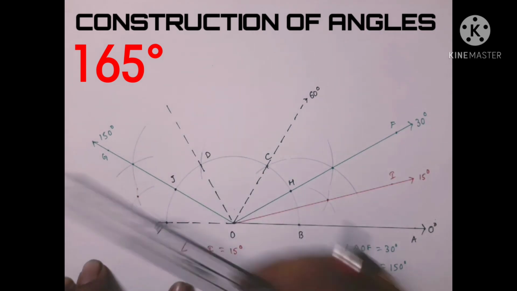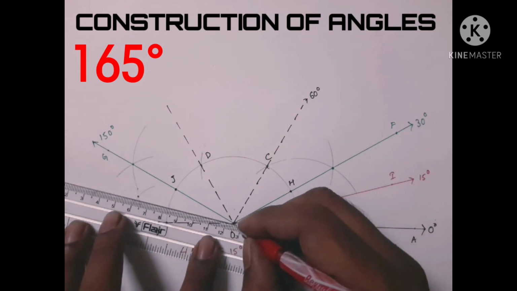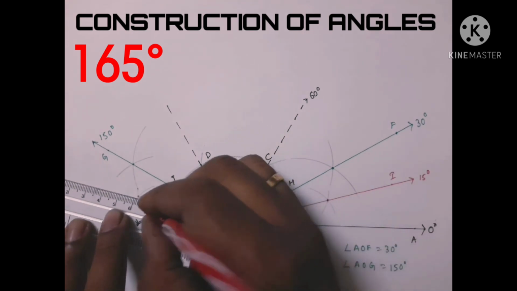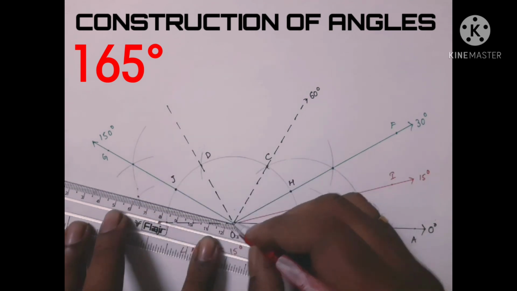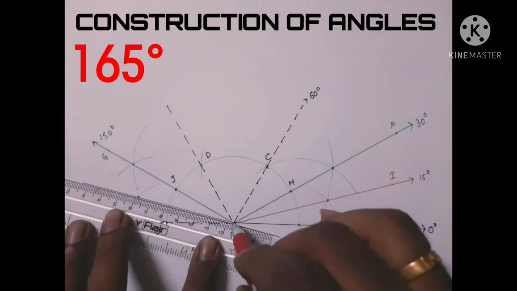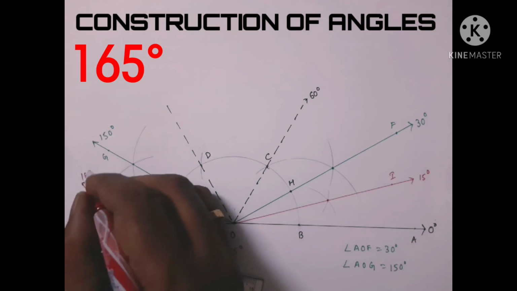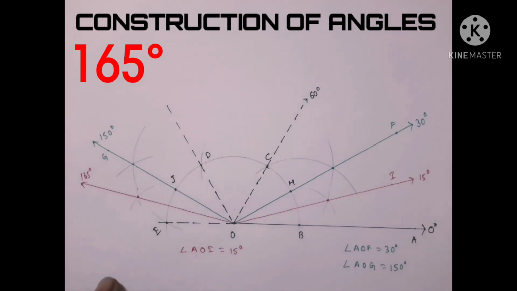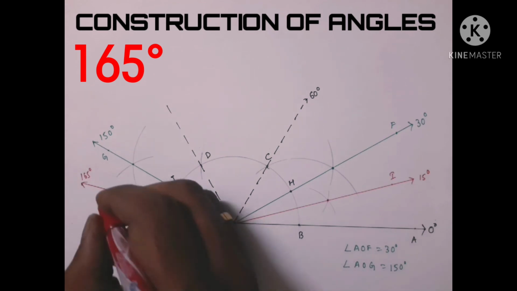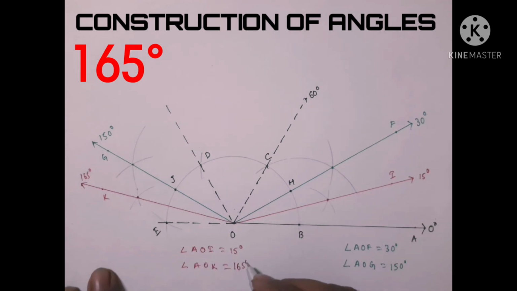So now we have to join the vertex and the meeting point. You can name it as 165 degrees. So let us name it point K. So angle AOK will be equal to 165 degrees.